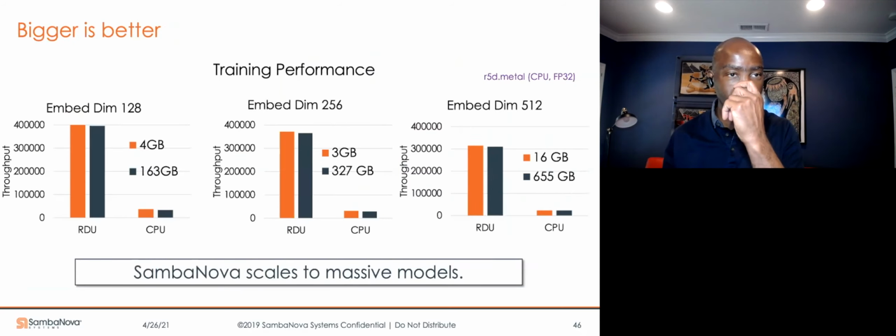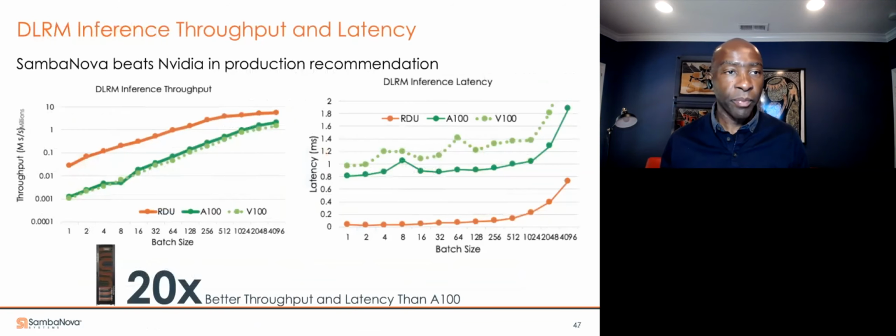And this shows that with the Sambanova systems, you can get high performance with very, very large embedding tables, right? And these are embedding tables that simply won't fit on a GPU, and on a CPU, the performance is not very good.